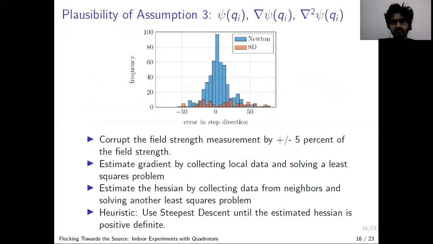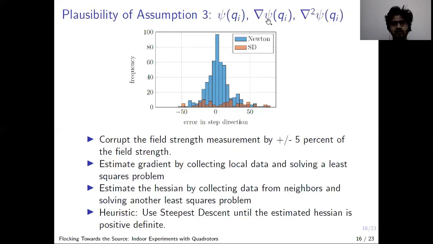The third assumption that we made was that each agent has access to the gradient and Hessian information. In order to test the plausibility of this assumption, we injected random noise centered about zero and with a magnitude of plus minus 5% of that of the field strength to see the errors that we obtained in the Newton and in the steepest descent direction.